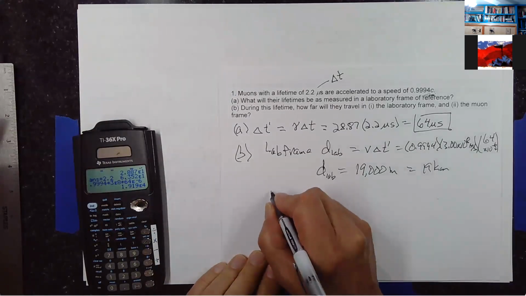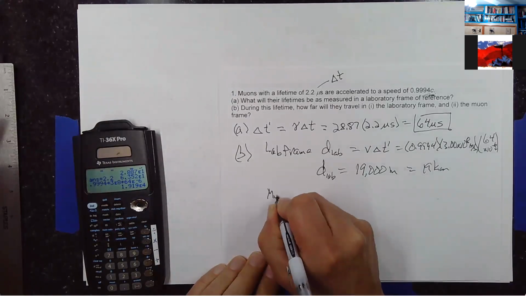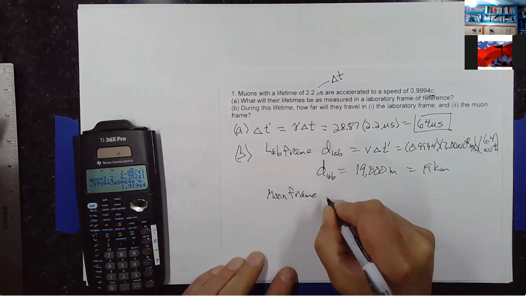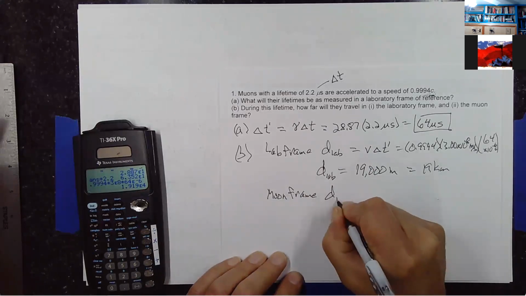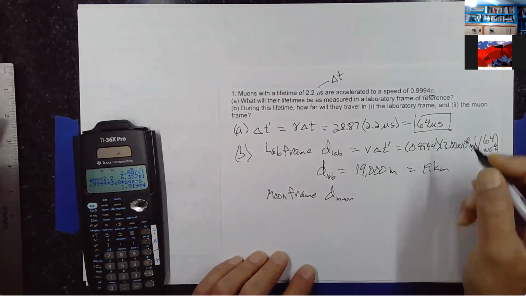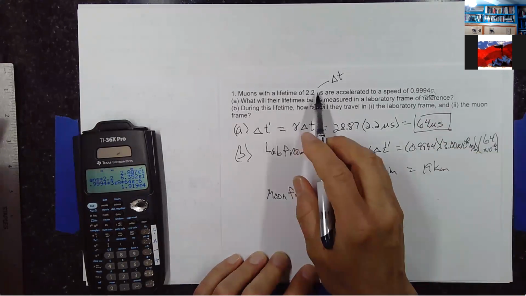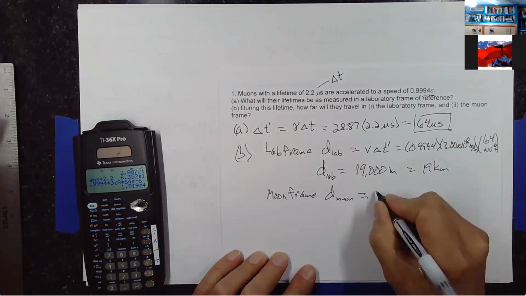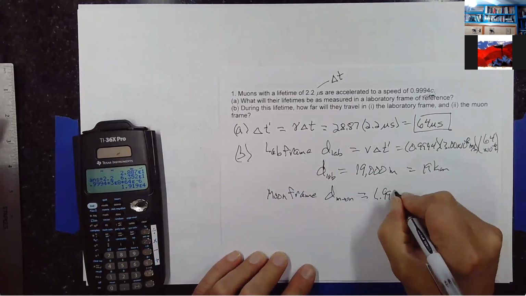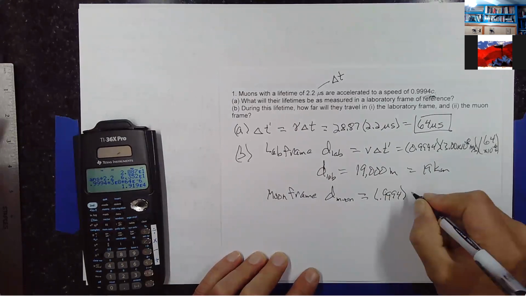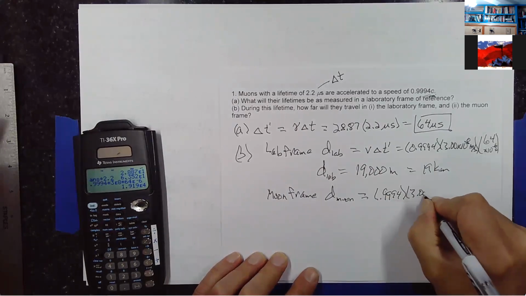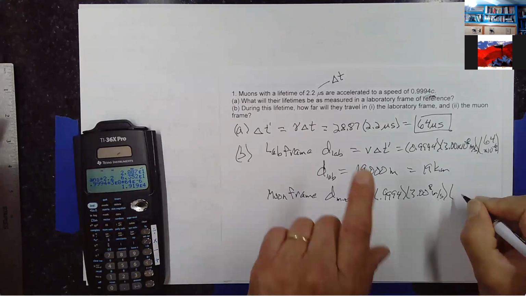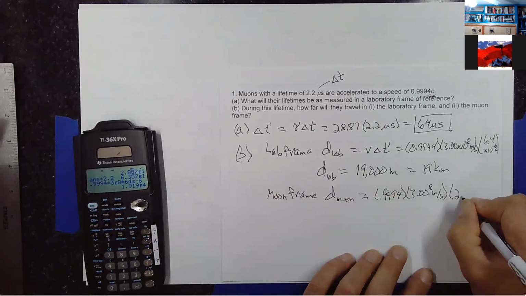But in the muon frame, the distance for the muons is just going to be how fast they think they're going times 2.2 microseconds. So it'll just be 0.9994 times 3 times 10 to the 8th meters per second times just 2.2 microseconds.